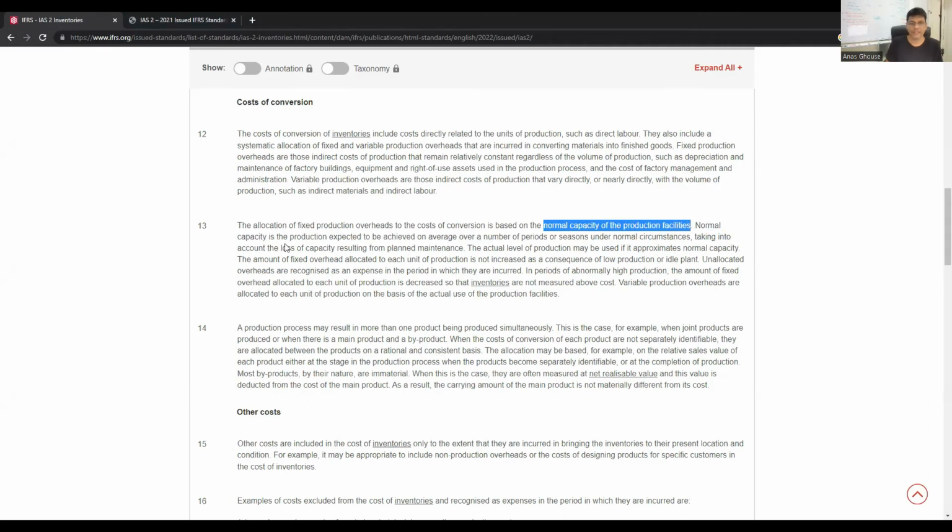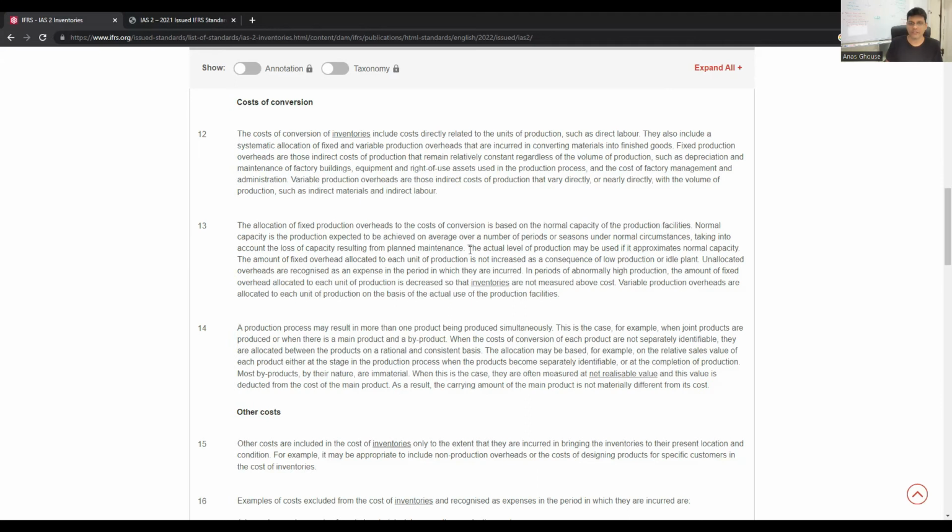The normal capacity is the production expected to be achieved on average over a number of periods or seasons under normal circumstances, taking into account the loss of capacity resulting from planned maintenance. The actual level of production may be used if it approximates the normal capacity.